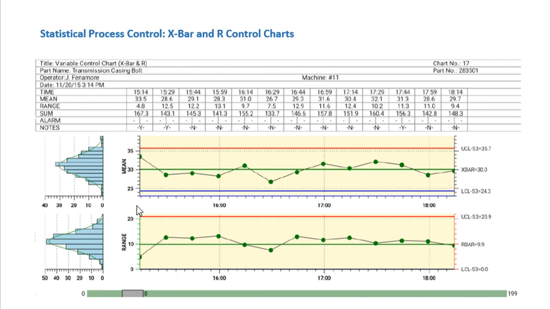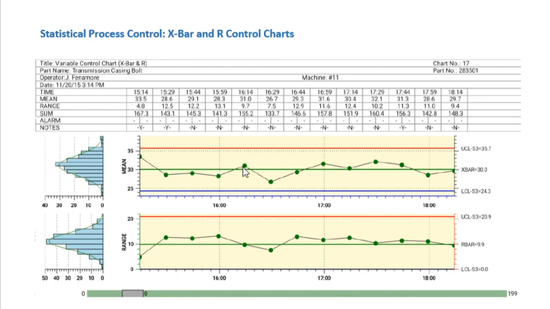So here you can see the time, and then of course this is the process of interest that you are monitoring. Okay, and we're looking at the range control chart.